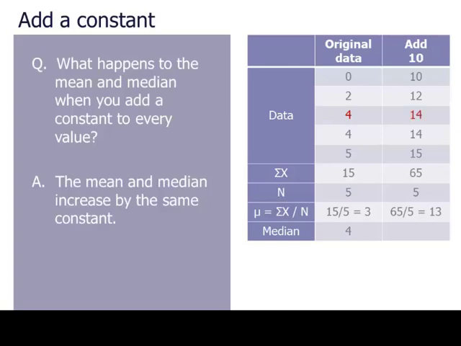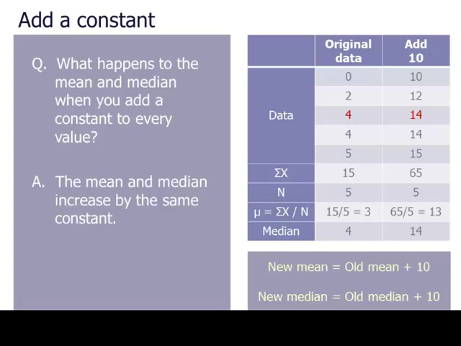And finally, we observe that the median of the new data set is its middle value, which is 14. So what happens to the mean and median after we added a constant, 10, to each element in the original data set? The new mean is 13, which is equal to the old mean 3 plus the constant 10.